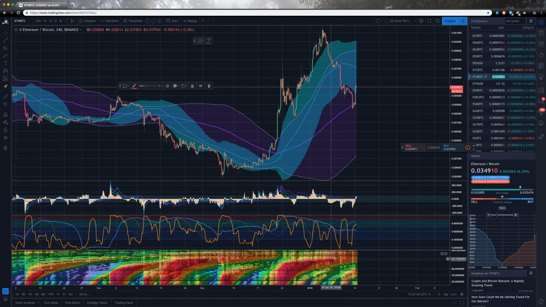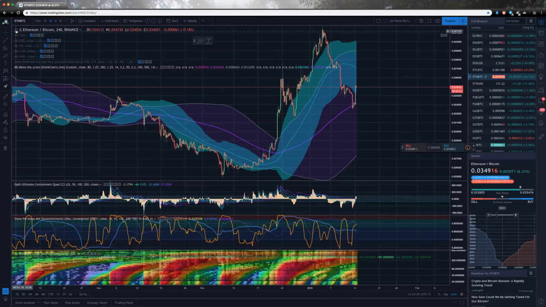Oh my god, did we hit our retracement value on the nose? Now it's the 220 period it's looking like. And I think I have this set up to the 200.